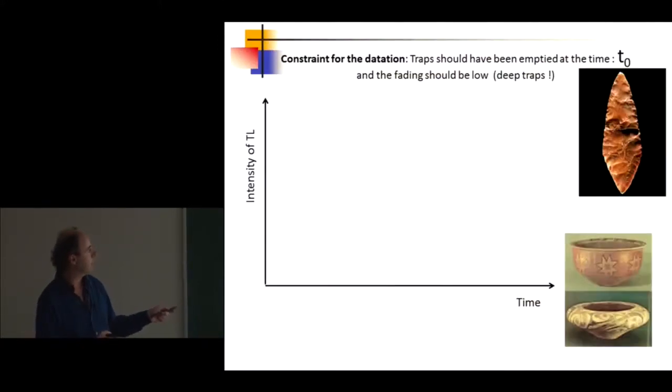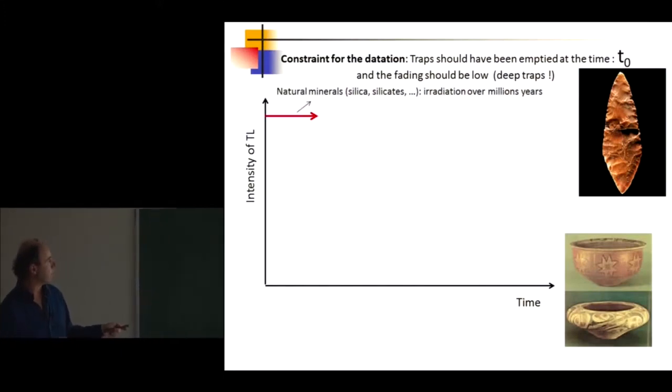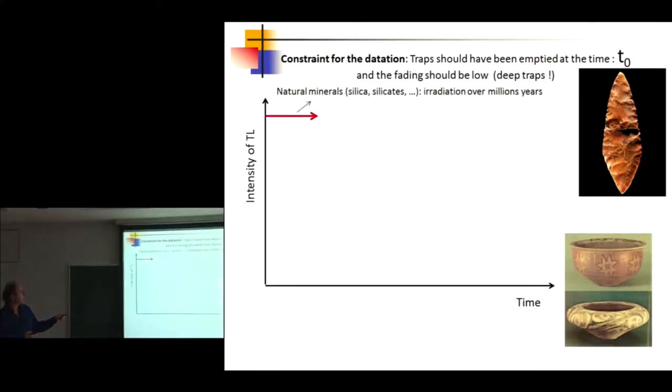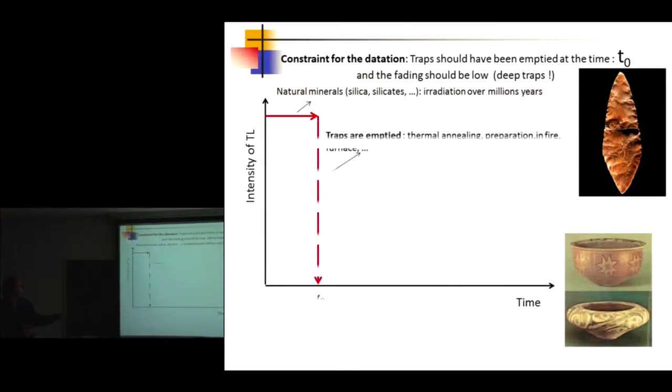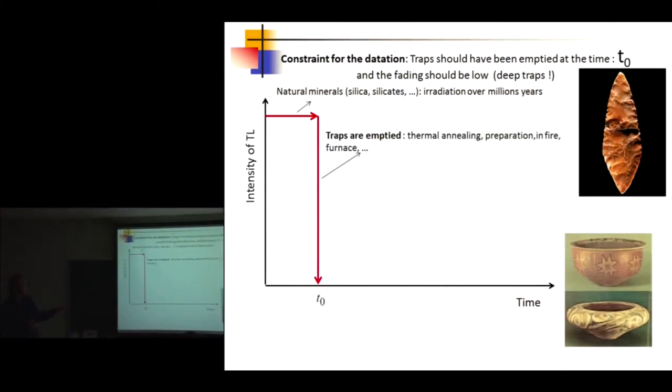So this is another way to present it. You have the intensity. For instance, natural mineral, irradiation over millions of years. The traps should be empty at T0. Very important is the T0. That's why, in general, we use this for pottery. You put the pottery in the furnace.